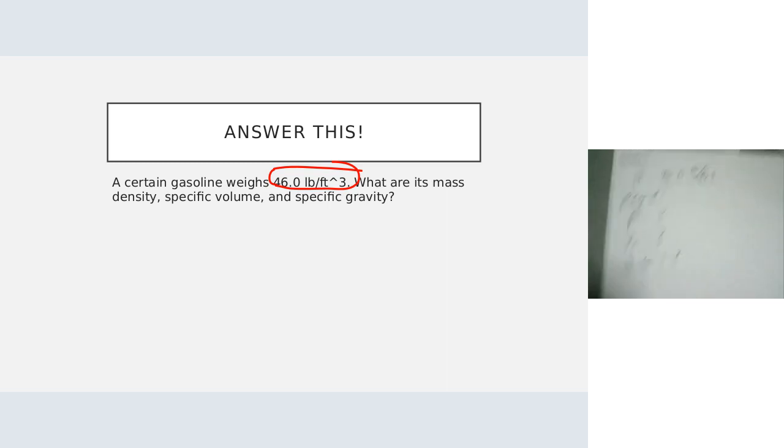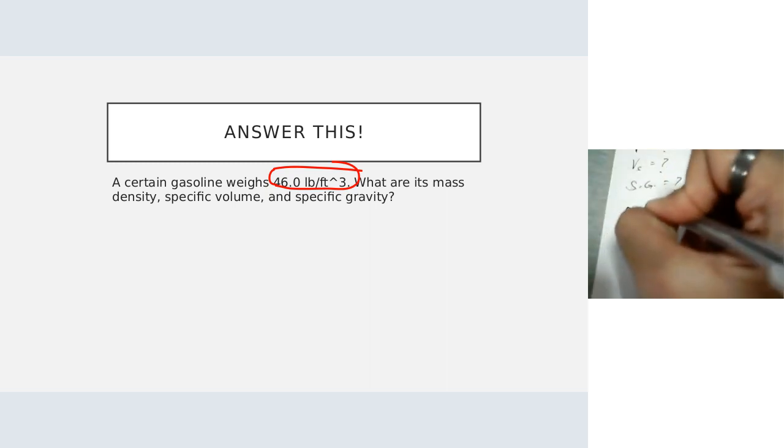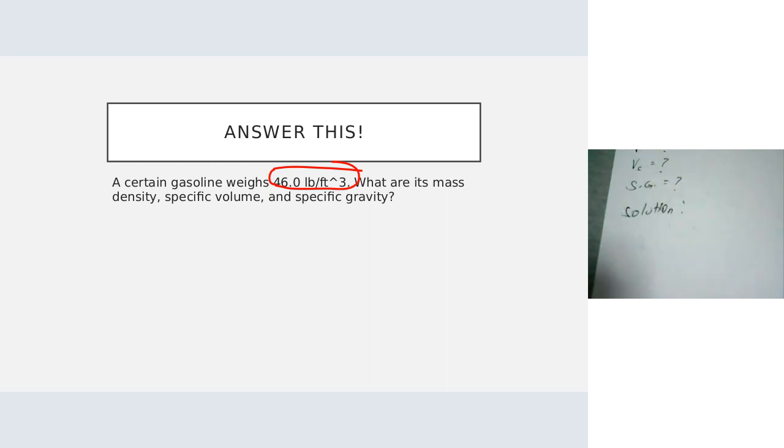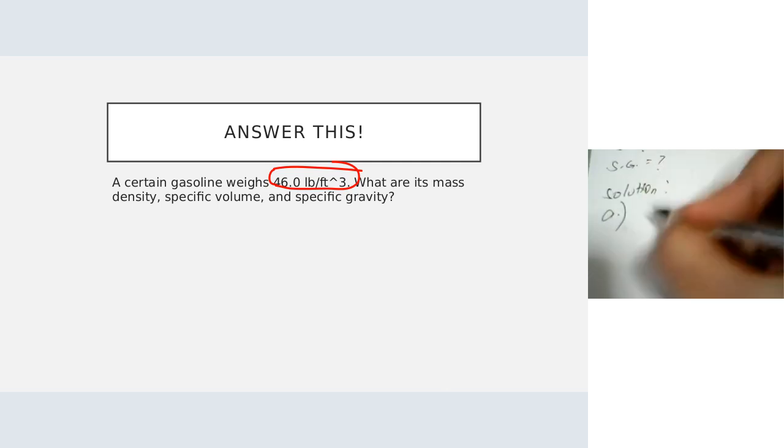Okay, so let's solve. Let's begin with the mass density.